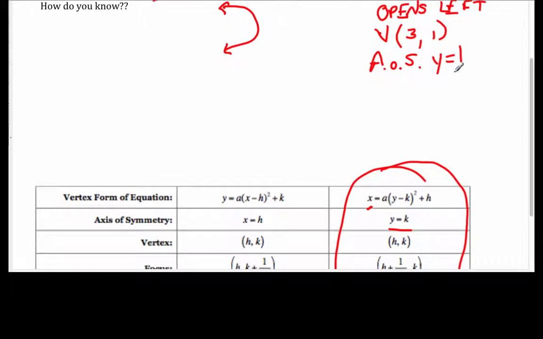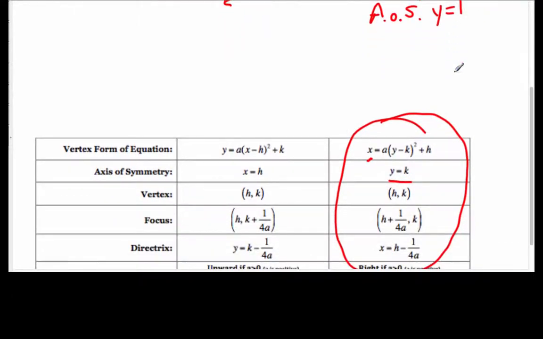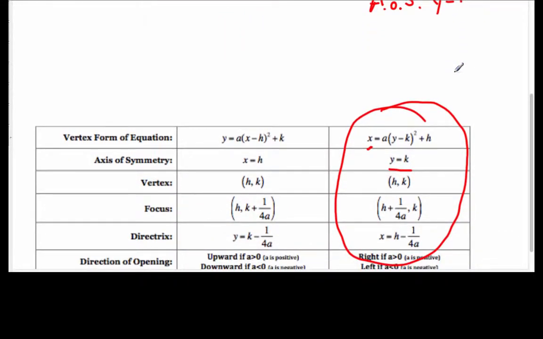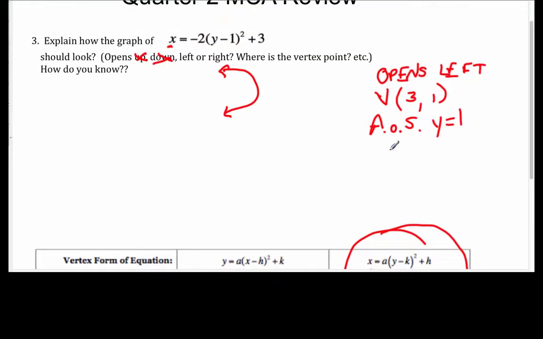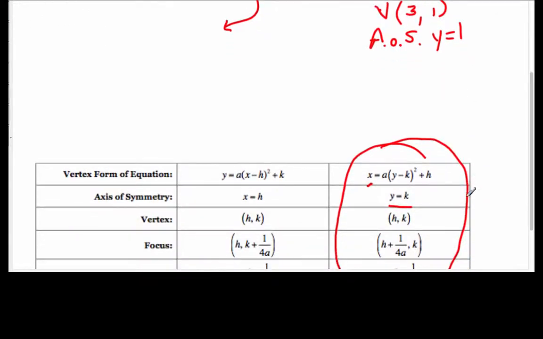Okay, we can find all the other parts relatively easy enough. So if we go through and do the rest of the work for here, my a is a 1. No, it's not actually. I'm sorry about that. My a is a -2 right here. So now if I come down to this part here, the 1 over 4a, so I'm going to do the arithmetic here, 1 divided by 4a.